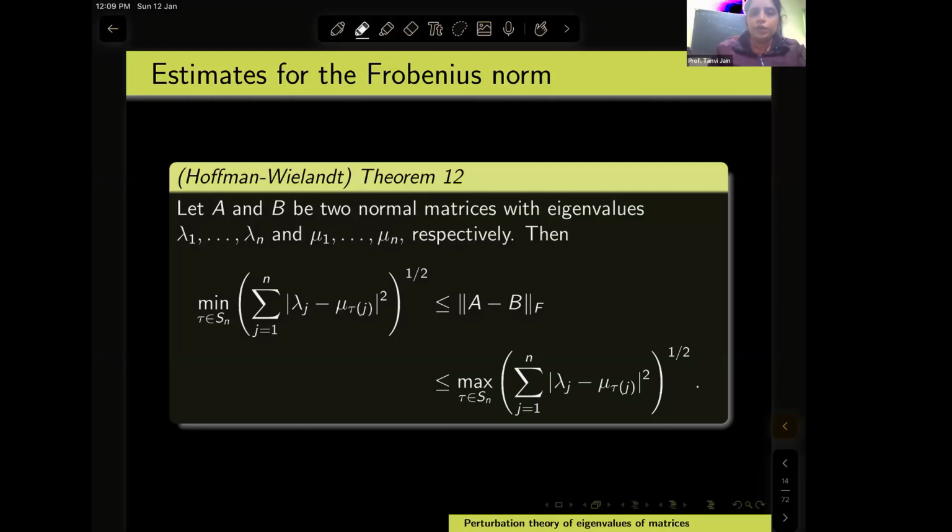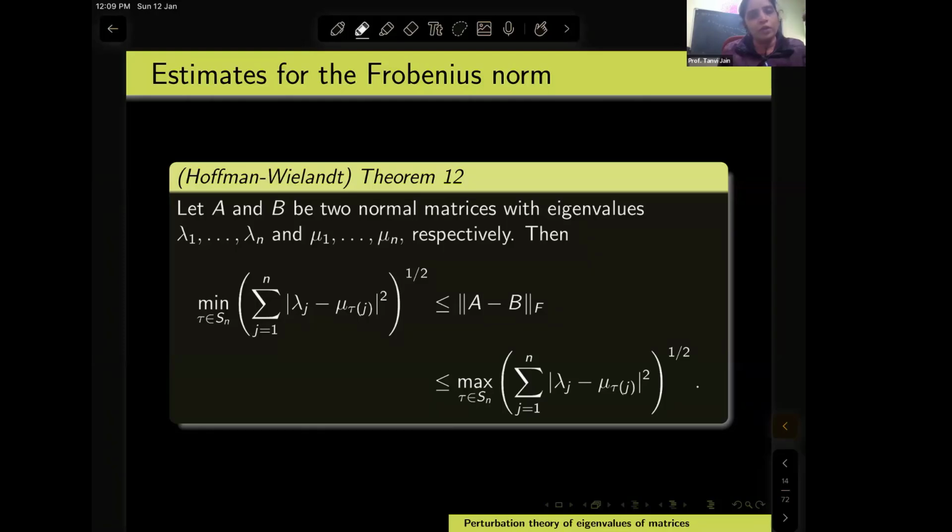Now, as soon as we change the norm on matrices, we correspondingly change. Here, my Frobenius norm corresponds to the Euclidean norm. So there, I am looking at the optimal matching distance, because I clearly do not have a way to order them. So I am looking at the minimum over the permutations.